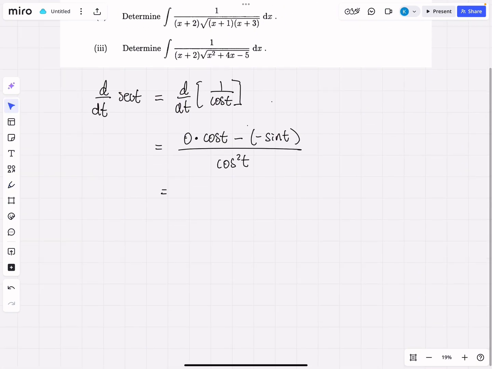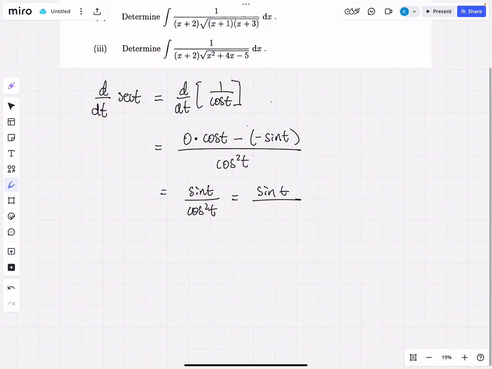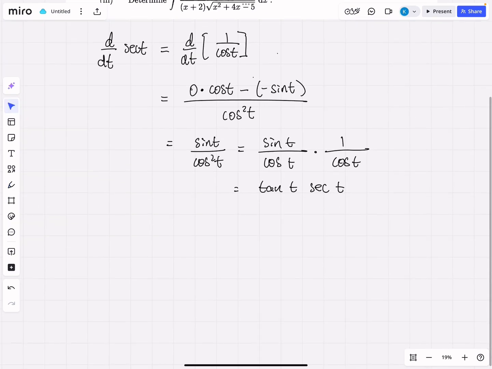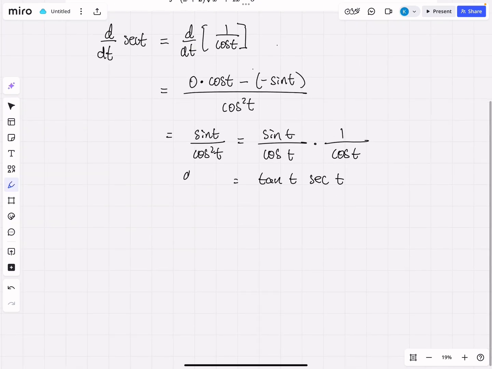So this is going to give us sine t over cosine squared t. We can simplify this to be sine t over cosine t multiplied by 1 over cosine t. So this gives us tan t sec t. Okay, so the derivative of sec t with respect to t is tan t sec t.